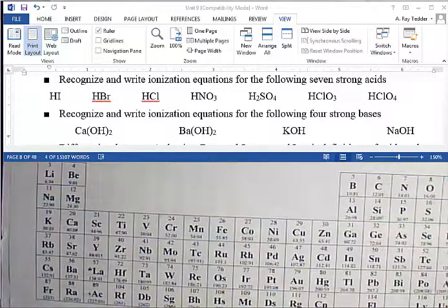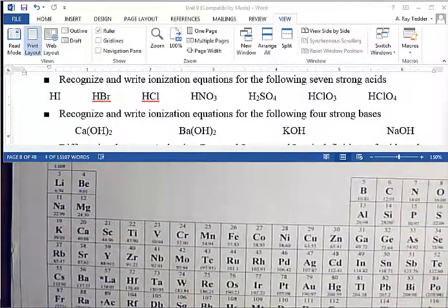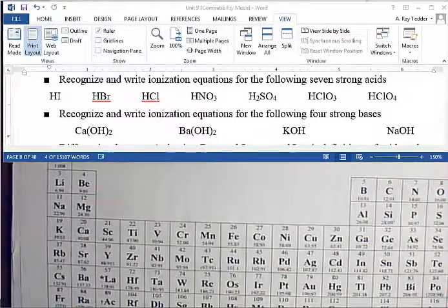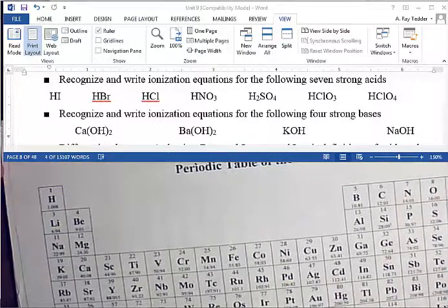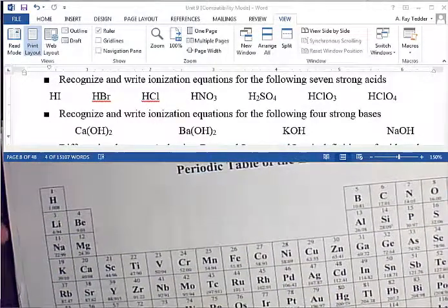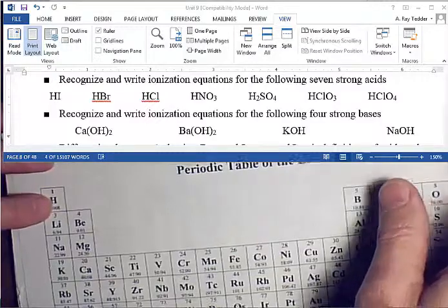Okay, if you want to figure out which ones are the strong bases, they're the hydroxide salts that have NaKBaCa as a cation, if you want to do it that way, okay? Because cations are the positively charged ions, all right? Got that? So there's no magic formula for that, no pithy saying or anything. You just got to know those, all right? Those are the strong bases that you need to know in this class. Any questions about that? All right, then.